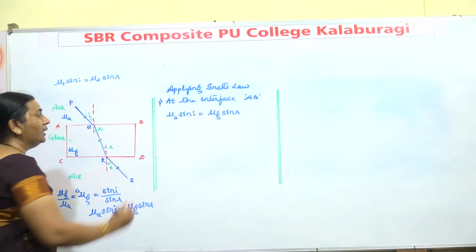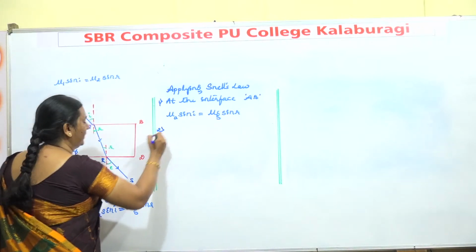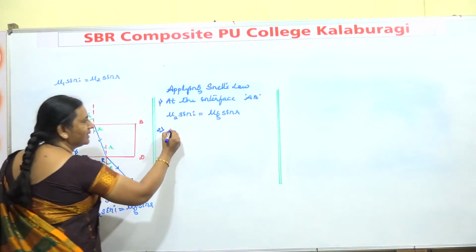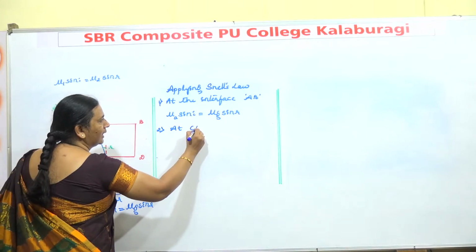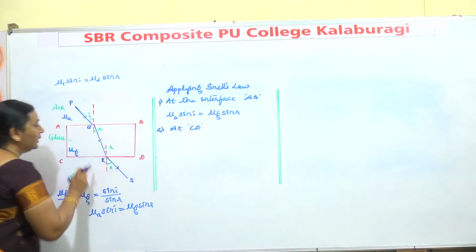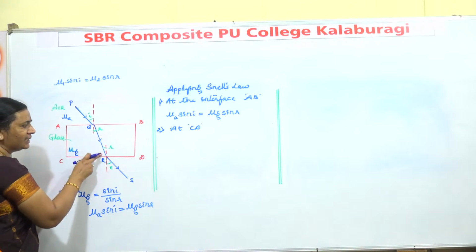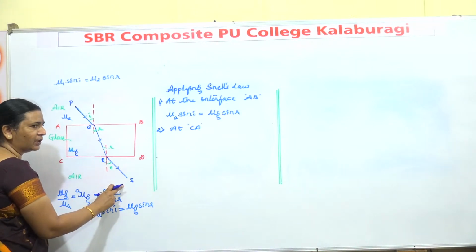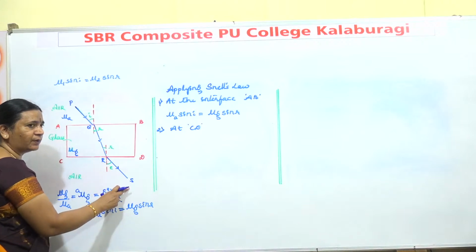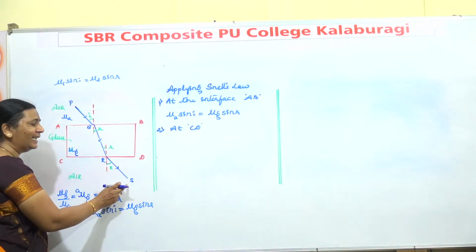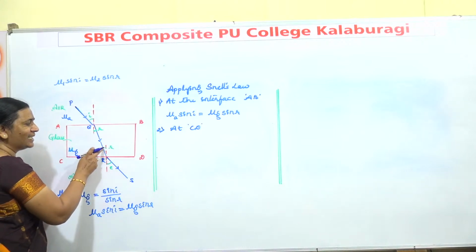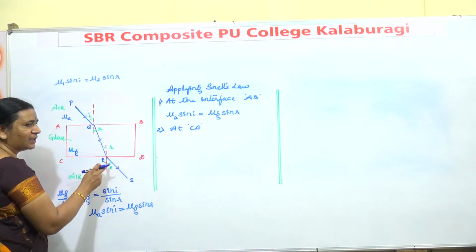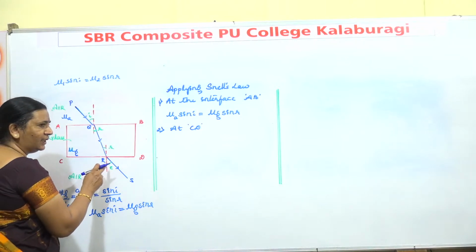Well, if you come to the second interface, here at CD, when you apply it, now this becomes the first medium, because light is incident here from the glass medium and emerging, getting refracted once again into the air medium. So this becomes as if your angle of incidence, and this becomes as if your angle of refraction.